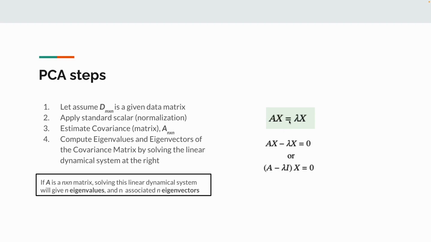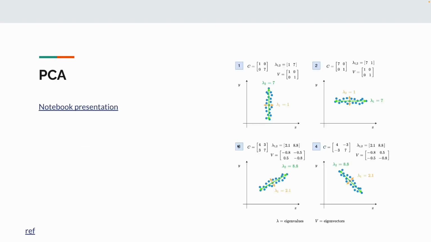Once you have this system solved, these x's we call your eigenvectors, and these lambda values are scalars, which we call eigenvalues. So x are eigenvectors and lambdas are eigenvalues. Let's look at some of the example solutions we have provided here. Here you can clearly see that the data is the most varying in the y direction.